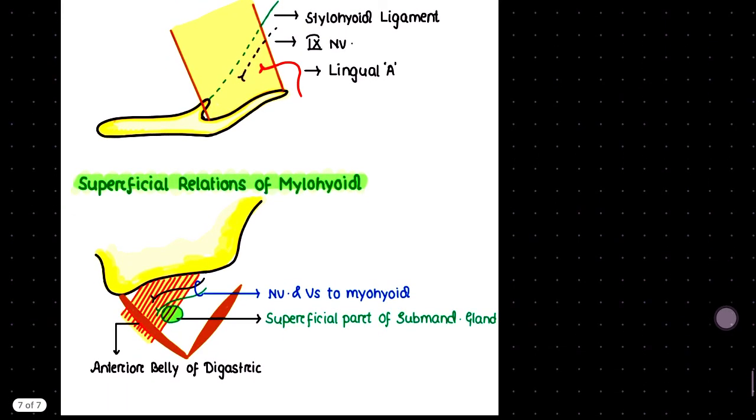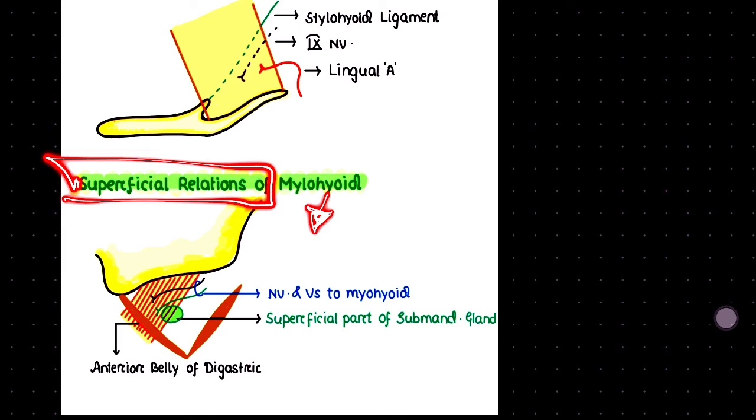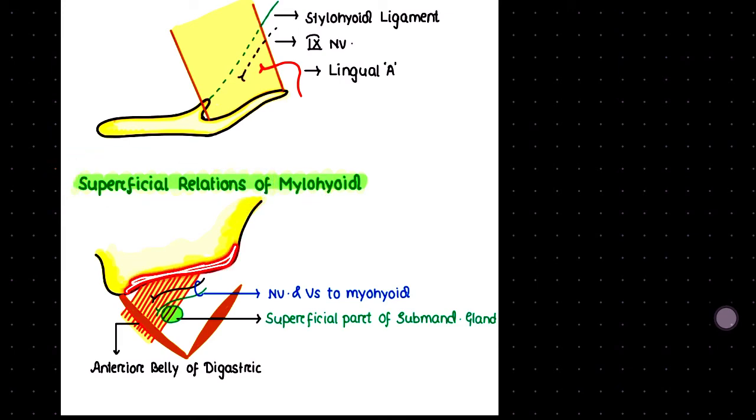Now as we have already mentioned that the superficial relation of hypoglossus is the deep relation of myohyoid, we don't need to discuss the deep relation of myohyoid. It is enough if we discuss the superficial relation of myohyoid, right? So talking about the superficial relation of myohyoid, this is our mandible, right?